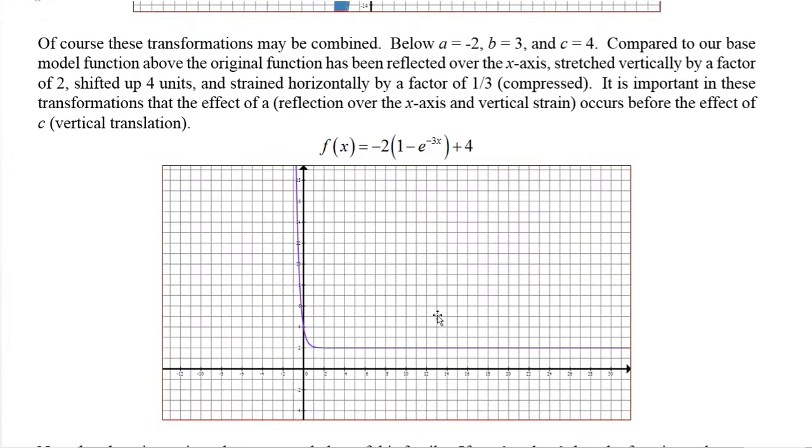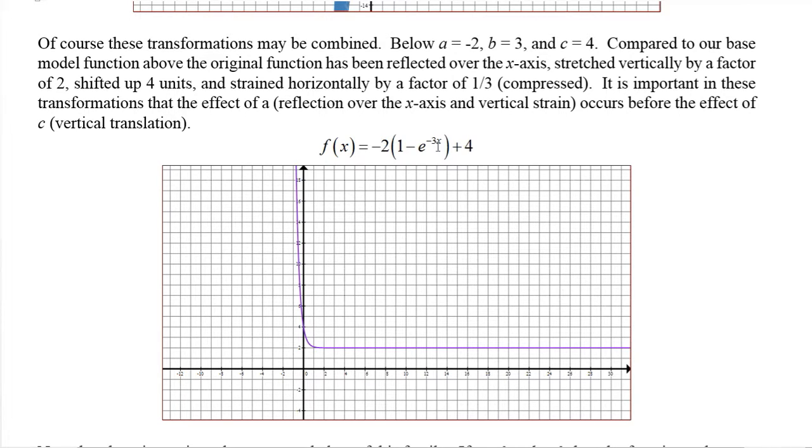For example, in this graph here, we have a positive b, because remember the negative was built in. Positive b, negative a. That's going to give us the asymptote of a plus b on the right. A is negative 2, b is 3. That adds up to 1. Let's see, wait a minute.